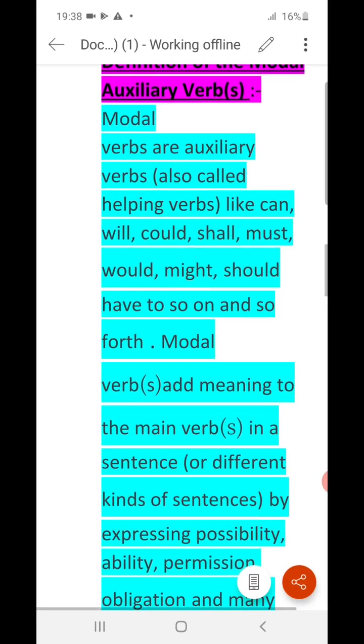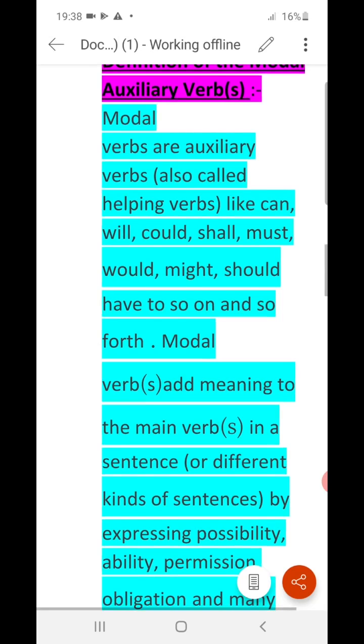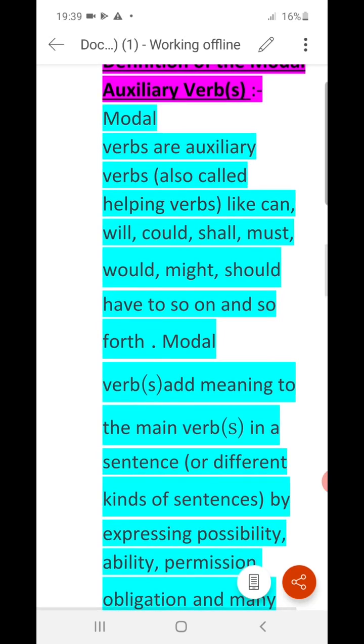So, they give specific directions to different kinds of sentences by enriching their existence with the help of different specific meanings.